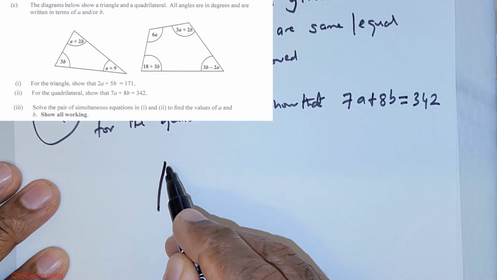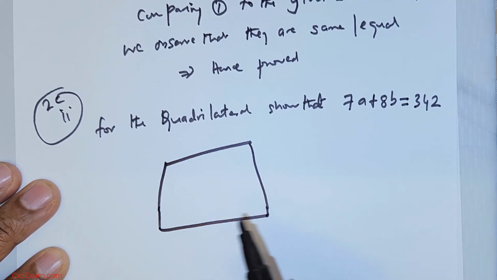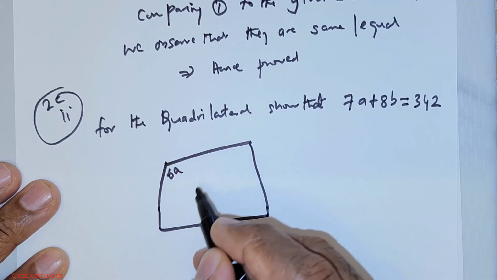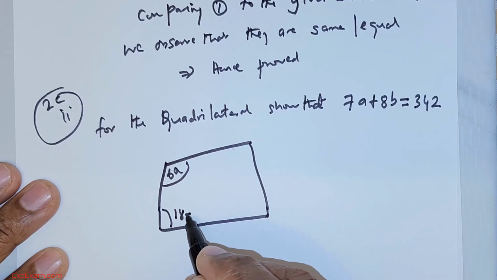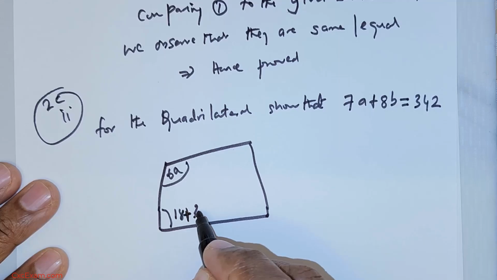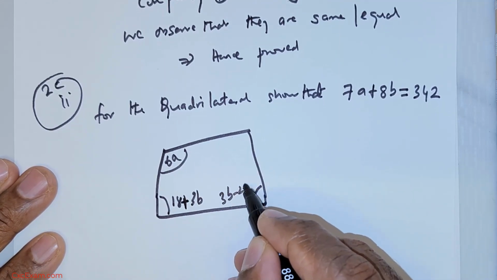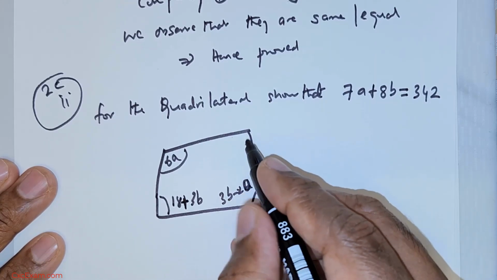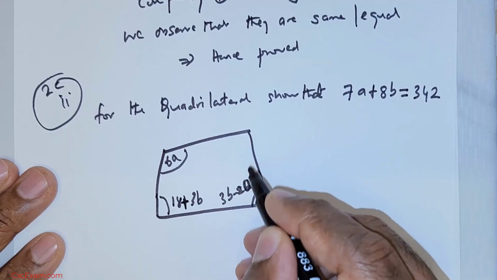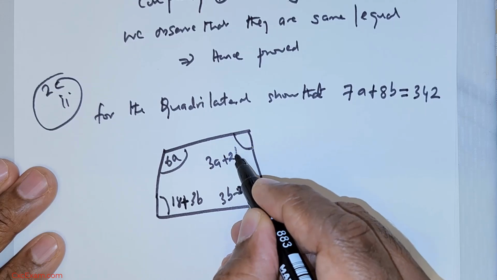Okay, so this is the quadrilateral, and you have the following: 6a, this is 18 positive 3b, and then this is 3b minus 2a, and this is 3a positive 2b.